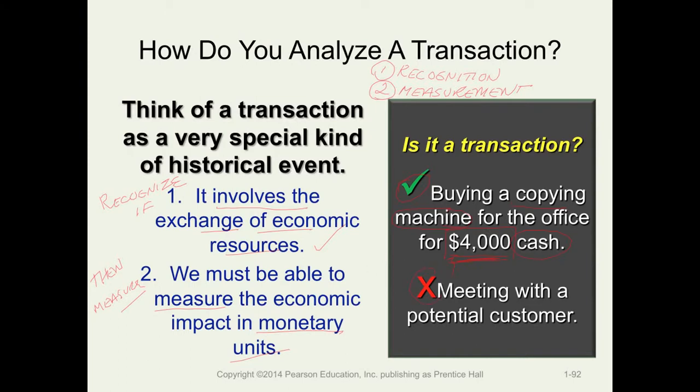What does not meet the definition of a recorded transaction is meeting a customer. There's no exchange of economic resources, and therefore no need to measure. Another example of an event that would not meet the recognition threshold is an interview of a potential employee.